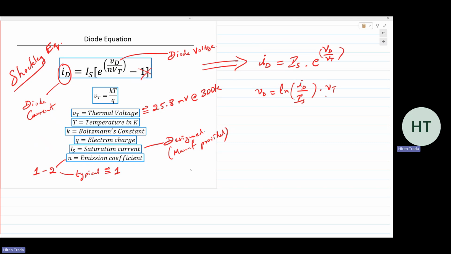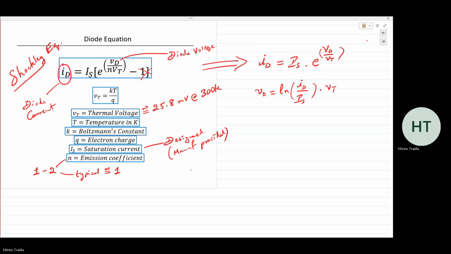So that is the fundamental equation that governs the operation of any PN junction. Later on, we will look at BJTs where you have 2 PN junctions connected back to back. Even there, this equation holds true.